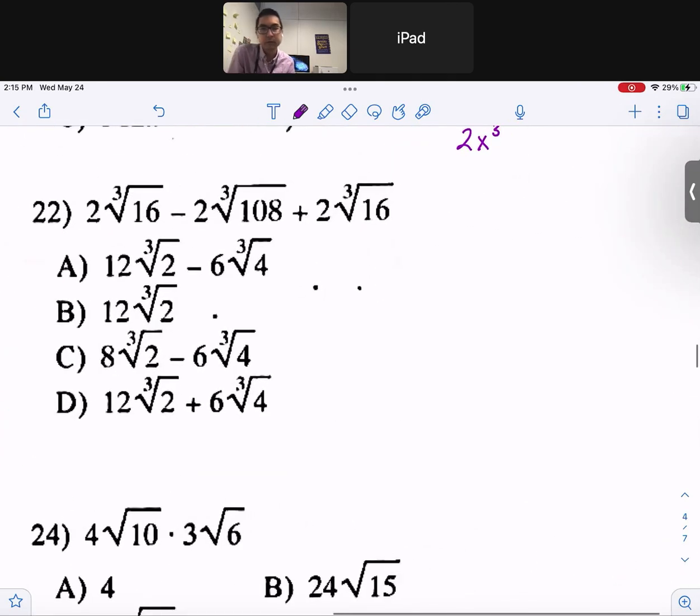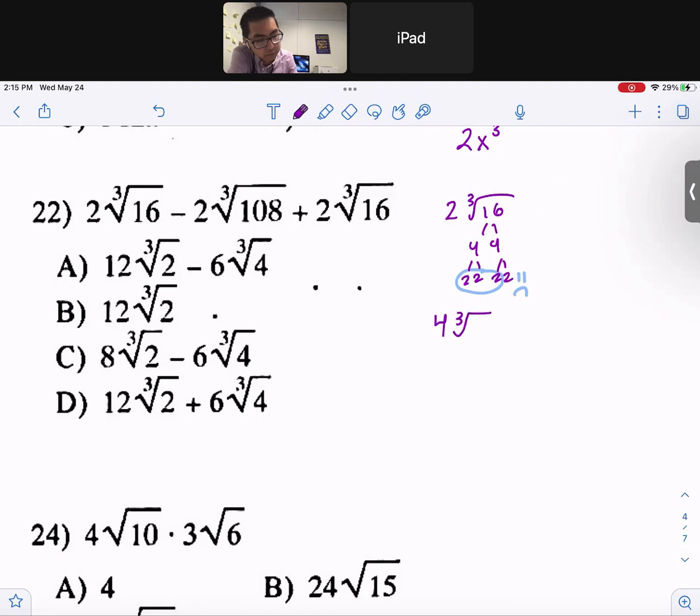Okay, 22. Now this one, instead of finding pairs, we're trying to find triplets. So we're going to break down this 16 to be 4 times 4, 2 times 2, 2 times 2. Triplet of 2s, leftover. So this triplet times this 2 already on the outside is 4 cube root of the leftover, which is 2.